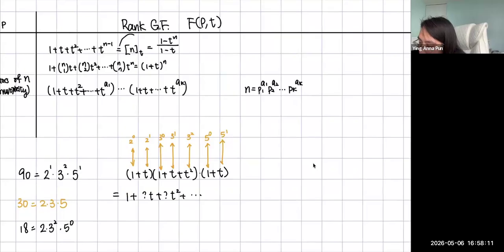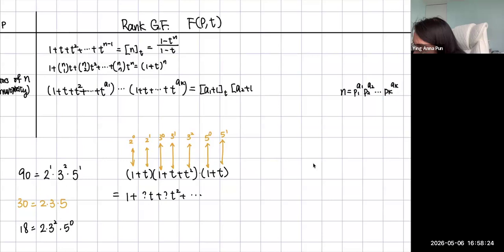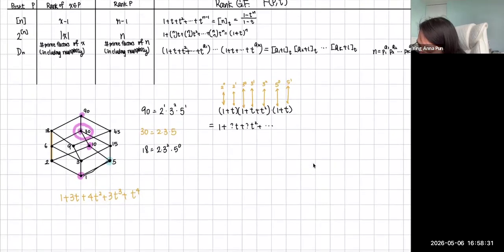You can also use this notation to talk about it. The notation that we use here would be just a1 plus 1 t, a2 plus 1 t, up to ak plus 1 t. So in our particular case here, 90 is this guy, so your powers are 1, 2, 1.